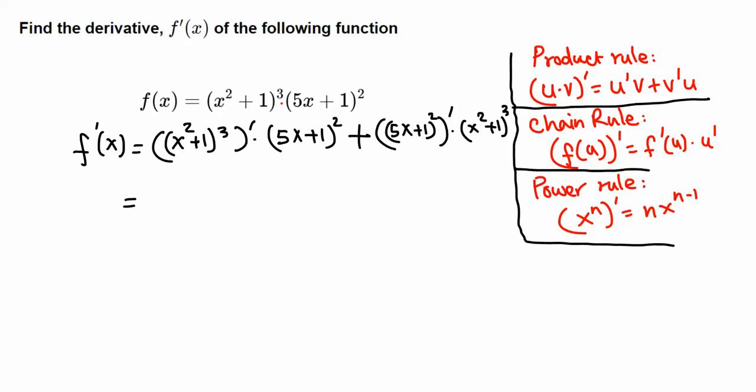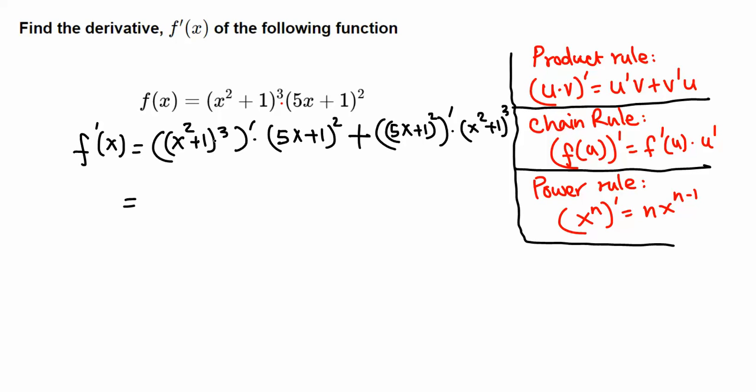So when we have an outer and inner function, we find the derivative of the outer function, leave the inner alone, times the derivative of the inner function. So x squared plus 1 is the inner function, and something raised to 3 you can think of as x cubed, the outer function. For the outer function, here is the rule, the power rule, x cubed means 3x to the 3 minus 1.